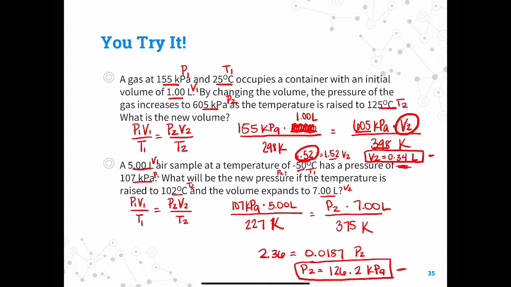When I solved, I multiplied 107 times 5, and then divided that by 227, and I got 2.36. Over here, I divided 7 by 375, and I got 0.0187. Then when I divided 2.36 by 0.0187 to get P2 by itself, I got 126.2. And that was the answer on that one.